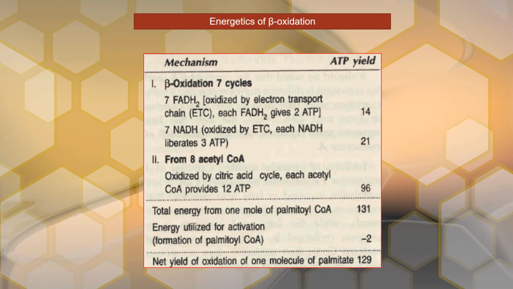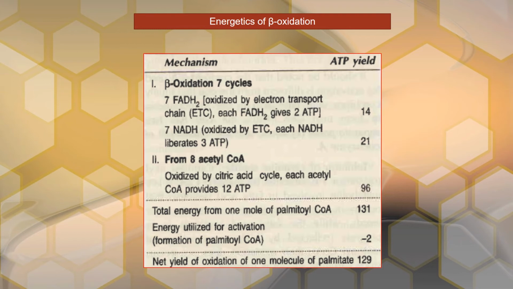Energetics of beta oxidation. 7 cycles of beta oxidation produce 7 FADH2 molecules, which will lead to the formation of 14 ATP, and 7 NADH molecules, which will enter into the ETC cycle and give 21 ATP molecules.